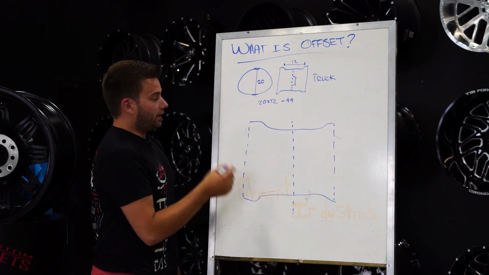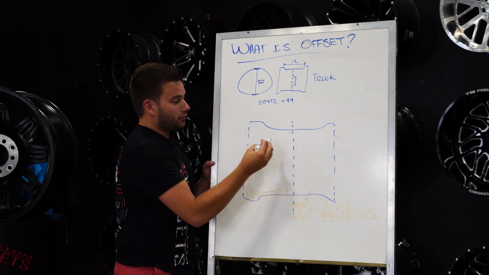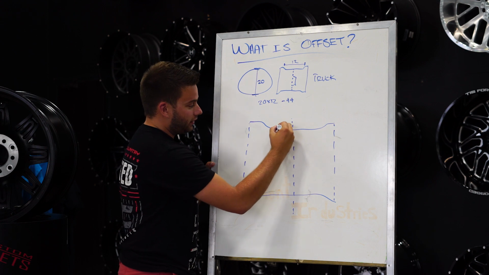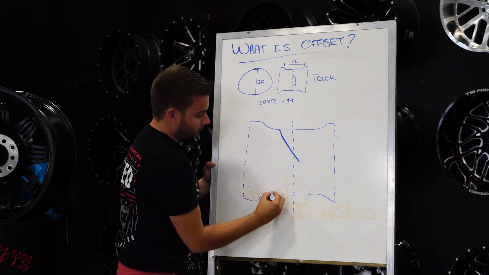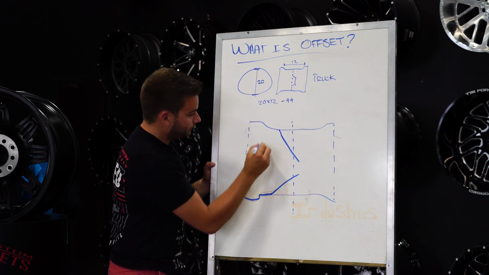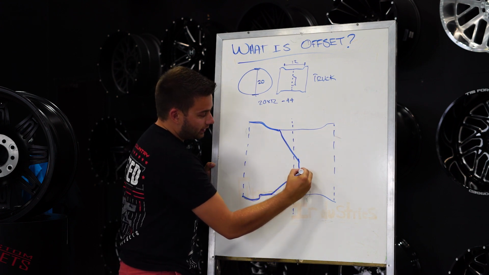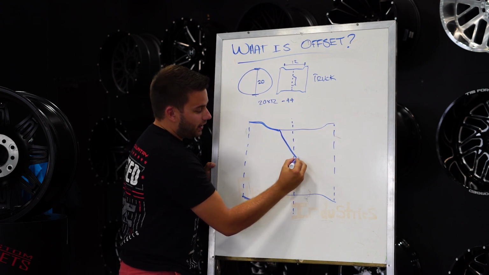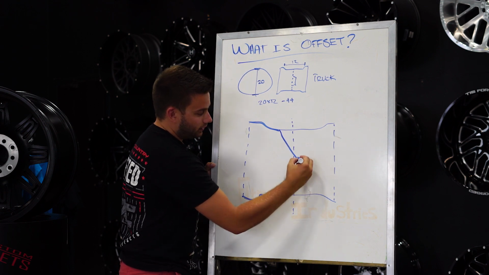On the opposite spectrum, if you have a lipped wheel and your spokes are further back here and they come down this way, and you have all this lip out front, now your spokes dive back and they are behind this center line, and they might add some additional padding to the back of the pad.